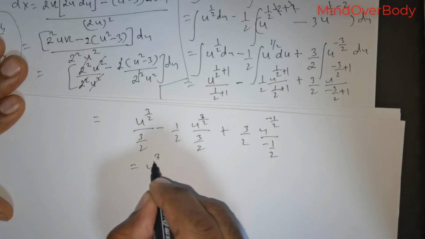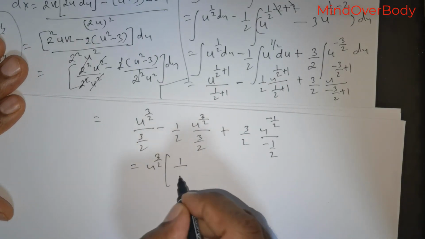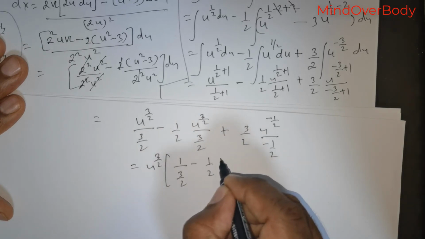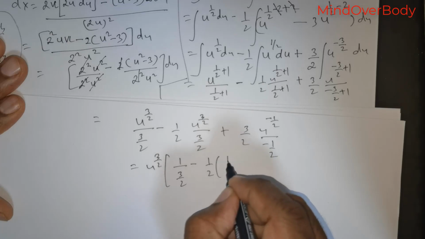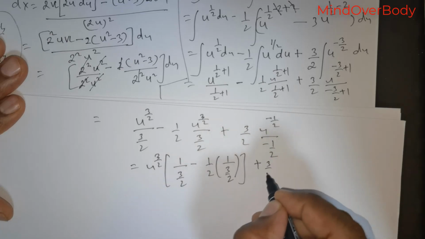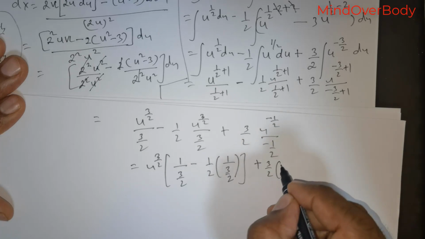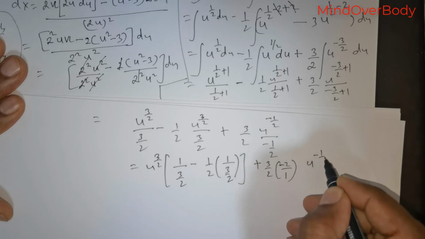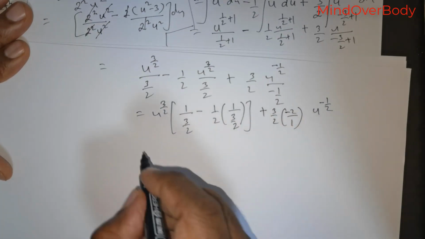Now I'm going to take u raised to the power of 3/2 out, so it's going to be 1 over 3/2 minus 1/2 times 1 over 3/2, followed by 3/2. You flip this, you get negative 2 over 1, and this is going to be u raised to the power of negative 1/2.